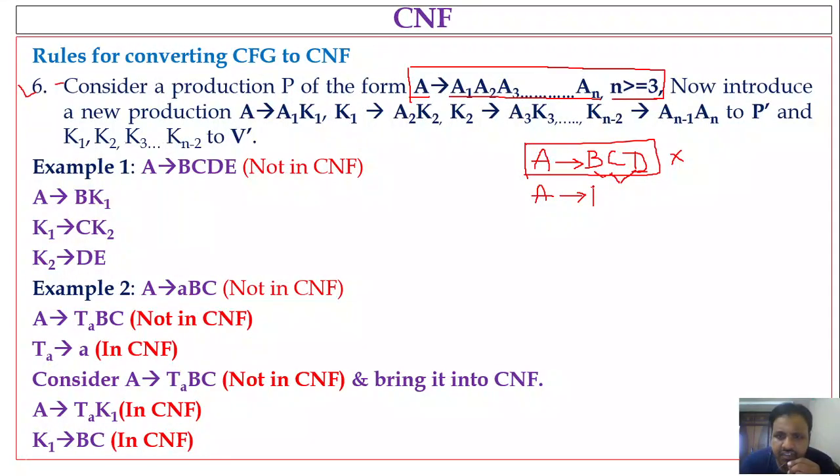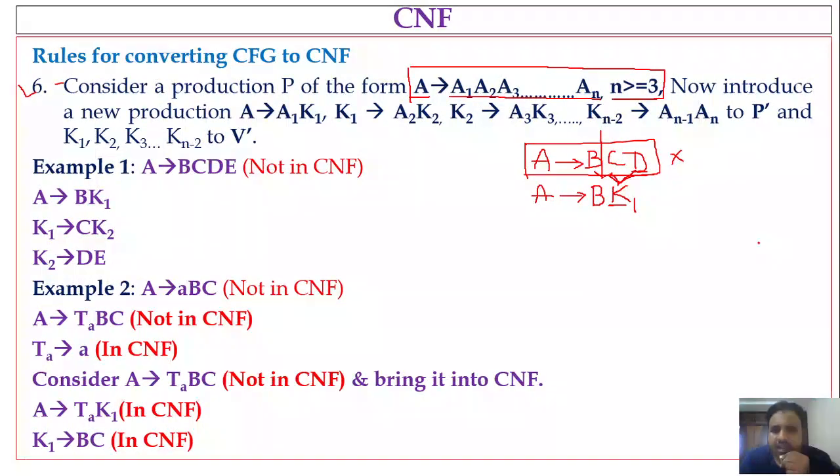What is the first variable? B. Write that variable as it is. After that we have two variables, but in the CNF only one variable is allowed. So we will write the B as it is, and the rest of the part we are going to represent by using one imaginary variable k1.